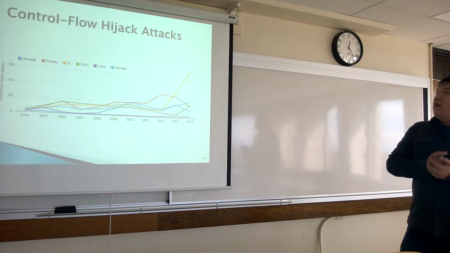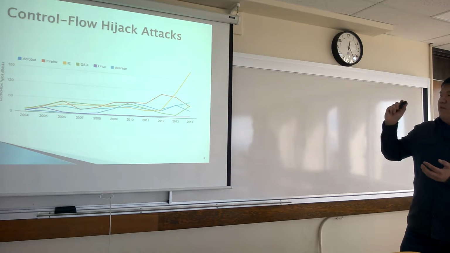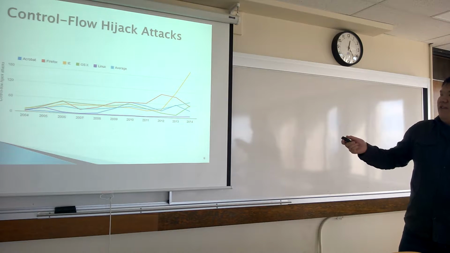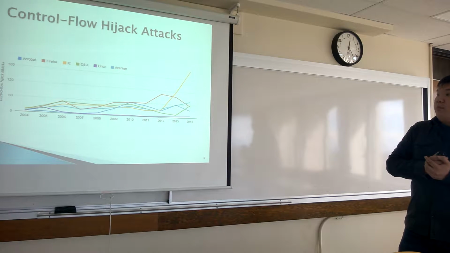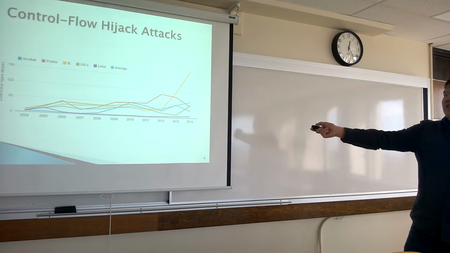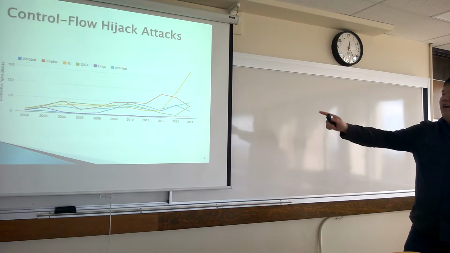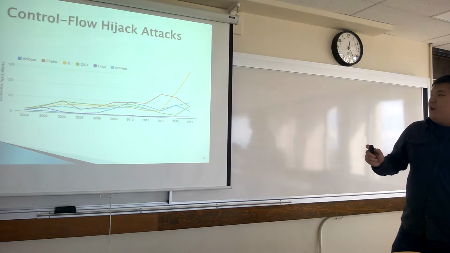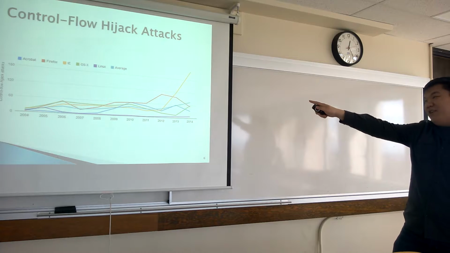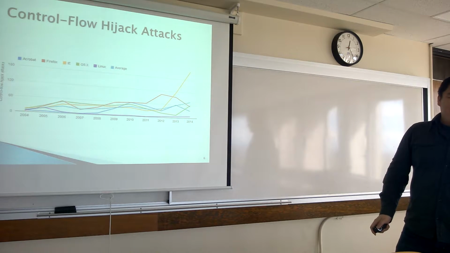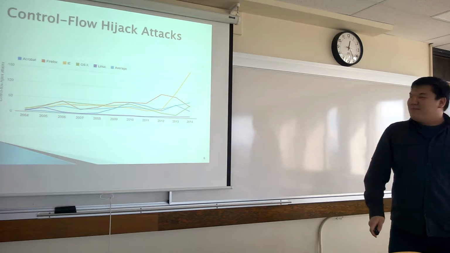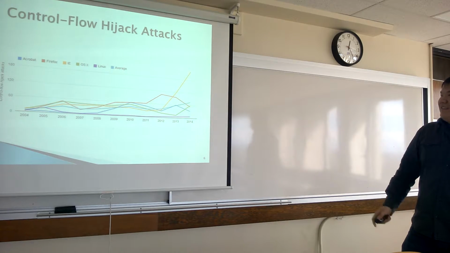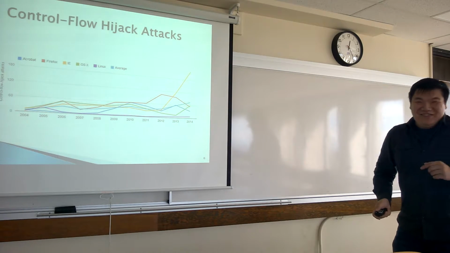For control flow hijack attacks, they provided this nice little graph about the number of control flow hijacks from 2004 to 2014, and the averages and the software listed there. As you can see, IE is pretty up there, even off the graph.